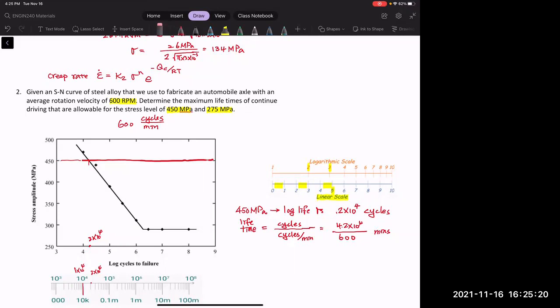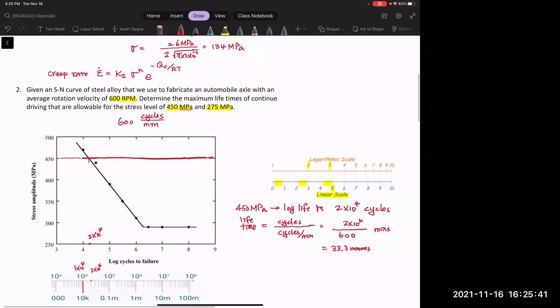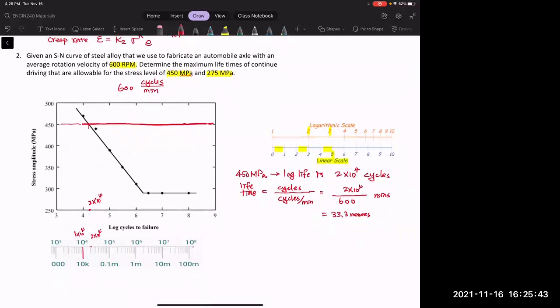I was wondering why I wrote this. So it's 2, it's not 4.2. It's 2, so 2 times 10 to the fourth, and divide by 600. And you get 33.3. So that's when you apply 450.